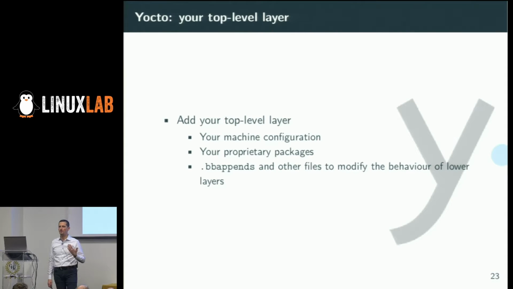Both in Yocto and in Buildroot, you're supposed to generate a real product, and so you probably need some customization. In Yocto, you typically have a top-level layer with your own customization, your private packages, your machine definitions, and so on. And also bbappends to modify lower-level rules if you need.